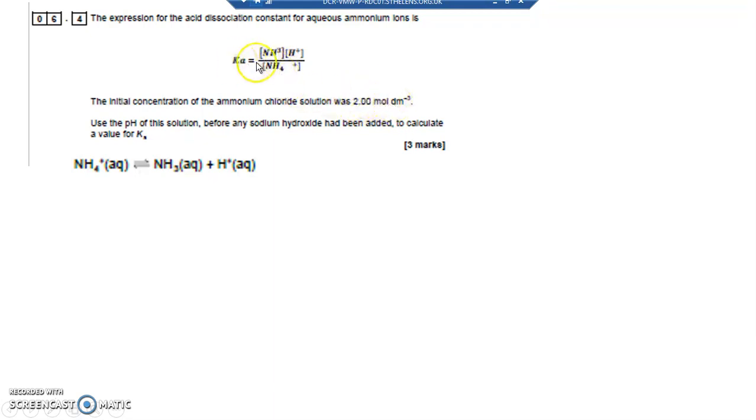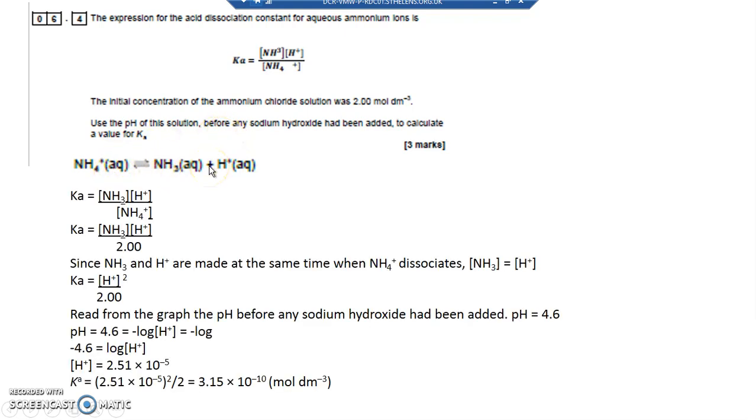So Ka equals NH3 multiplied by H+ concentration divided by 2, because that's the NH4+ concentration, and I'm trying to find Ka. Ka equals this concentration multiplied by this concentration divided by 2.